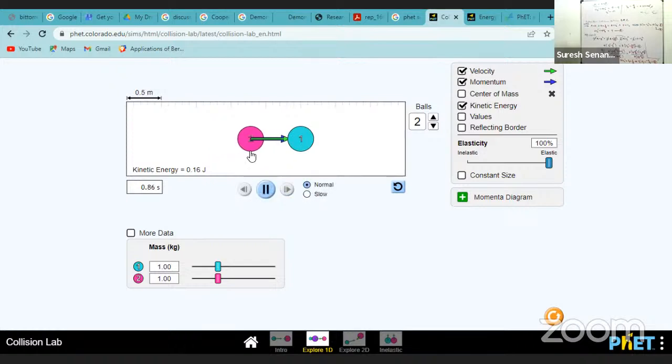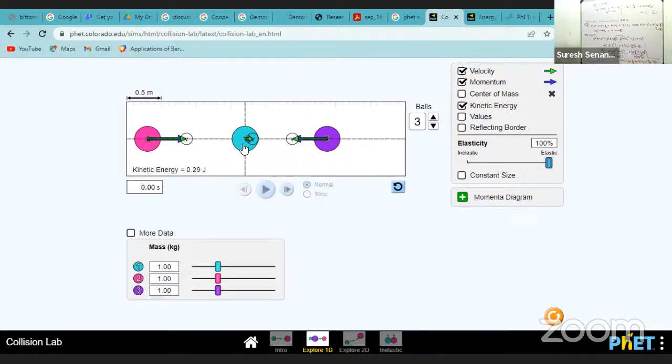Then when they collide, this will stop and this is moving with the velocity coming from the other one, right? So if the masses are changed, you can see now. You can consider the masses, the velocities.